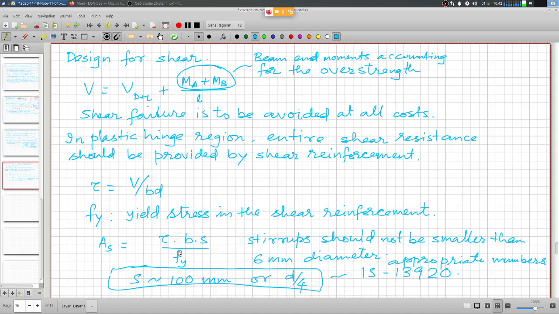Then as you approach the other end, the other plastic hinge region, you again provide this special reinforcement. The entire shear strength has to be provided by the shear reinforcement. Concrete strength cannot be relied upon in the plastic hinge region, and again you go back to closer spacing, and also the bent-up bars for providing resistance against sliding shear failure.